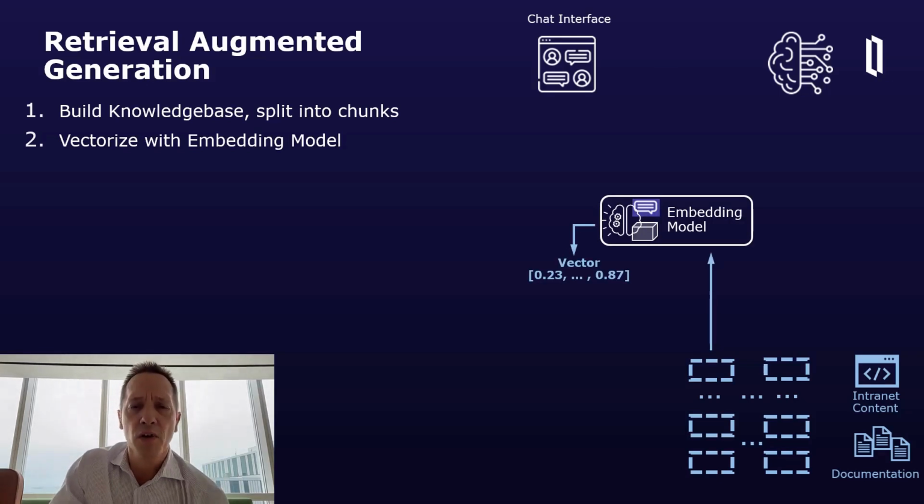So that brings us to the second step. What you do with all of those little pieces is you vectorize them, which means you run them through a special kind of large language model called an embedding model. Embedding models come in all shapes and sizes, and one thing that they do is they take some unstructured data, which in this case could be text from documents, and they output a structured data element called a vector.